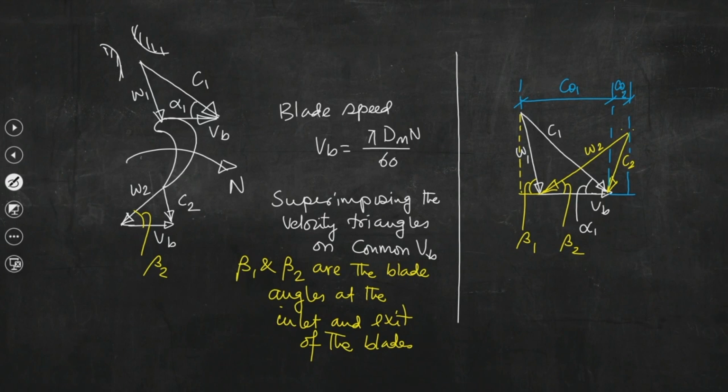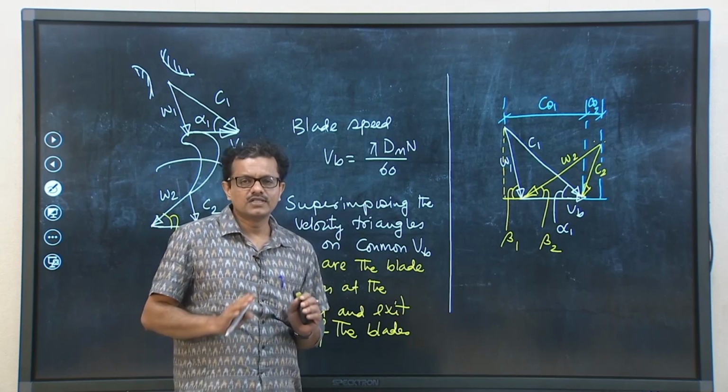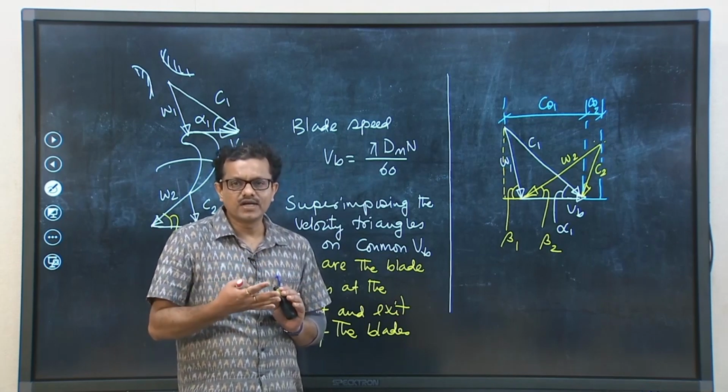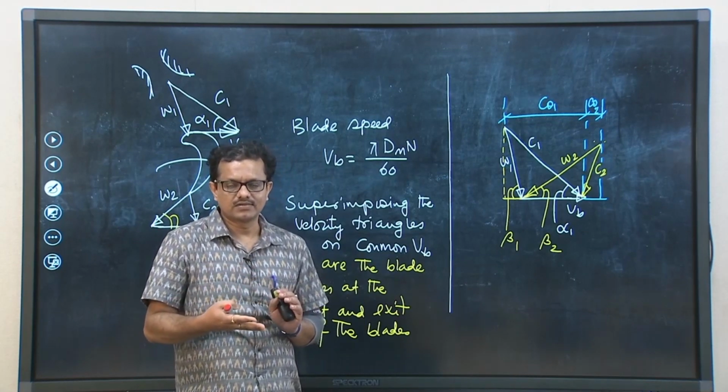C theta 1 and C theta 2, these two are the velocity components in the tangential direction.